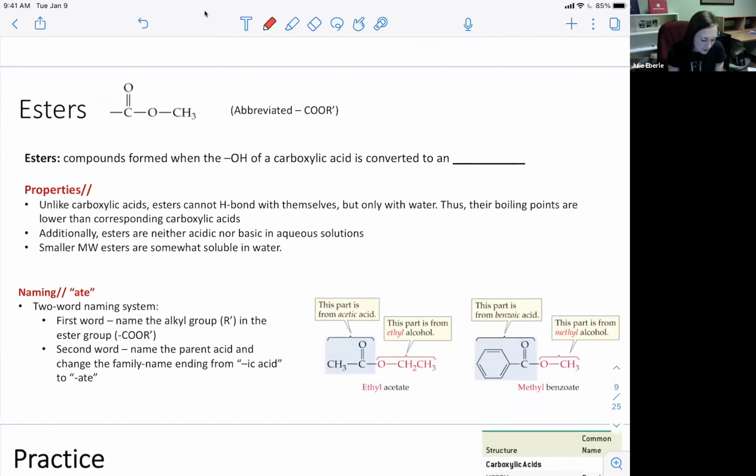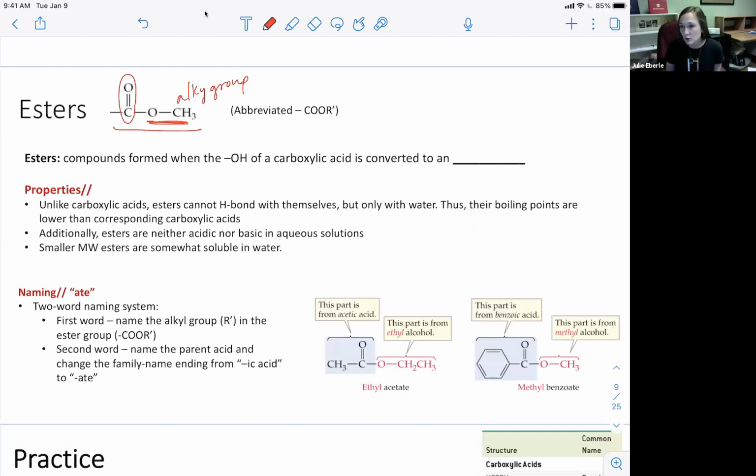Okay, so an ester looks like this. We've got this carbonyl group, but instead of an OH right here, we have an O with some sort of alkyl group. It could be wildly different. It could be a methyl group, the simple one. It could be an ethyl, a butyl. It could be a whole cyclic ring.